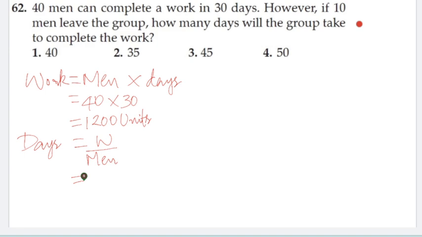So this will be 1200 divided by 30, because 10 men have left. We will get the answer as 40 days.